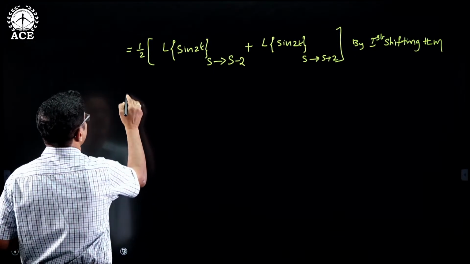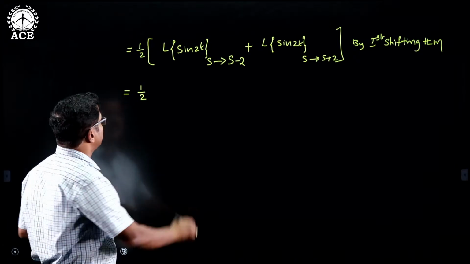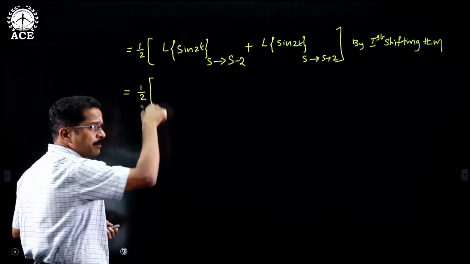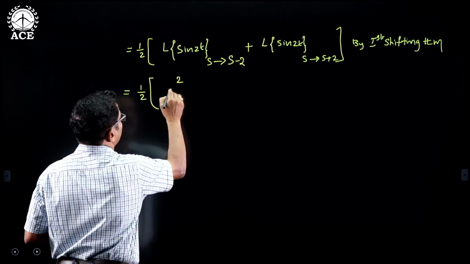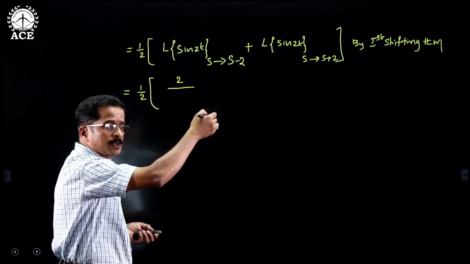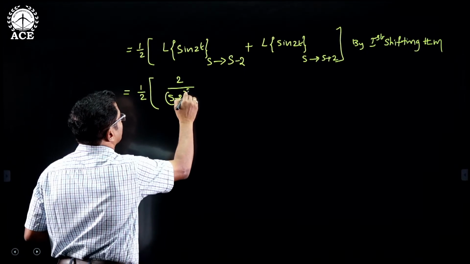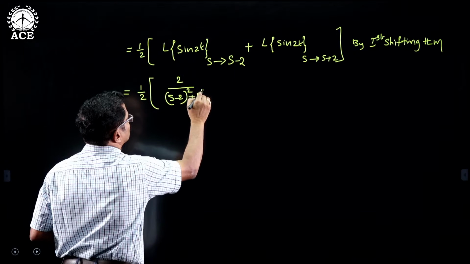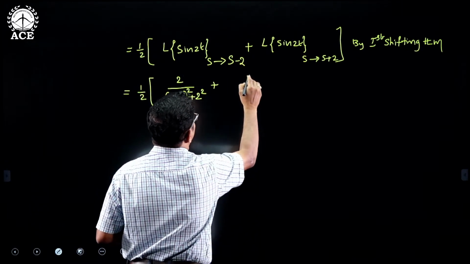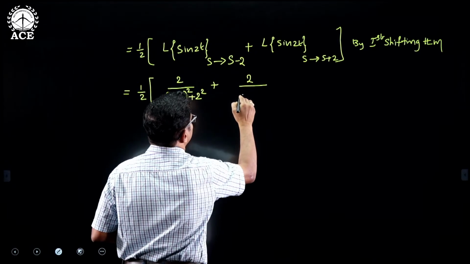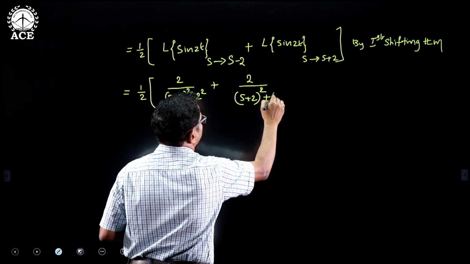Now which is equal to 1 by 2 times: sin at means a by s square plus a square. A means 2 here, so 2 by s minus 2 whole square plus 2 square, plus similarly 2 by s plus 2 whole square plus 2 square.